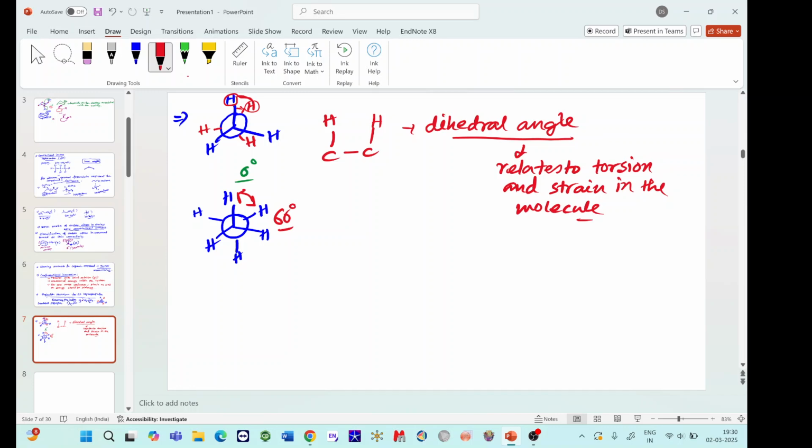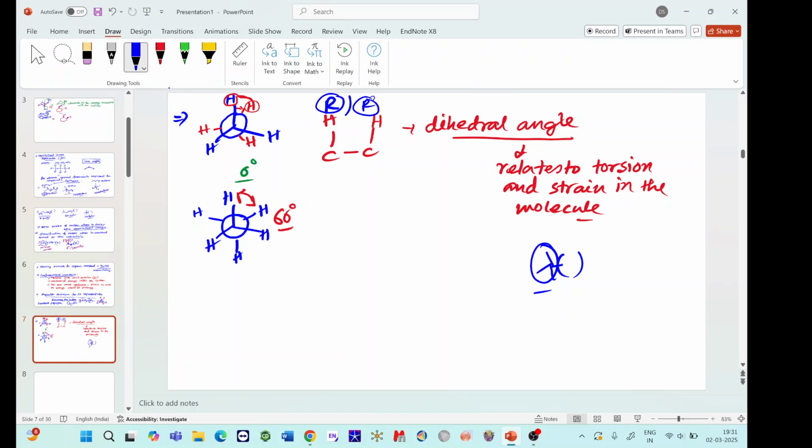So there will be a change in the interaction. Preliminarily we are doing this with hydrogen. Let us assume you have a bulky R group. Bulky R group means you have something like this group and this group. These are very bulky, right? If they are on adjacent carbon atoms, there will be a lot of collision between them.